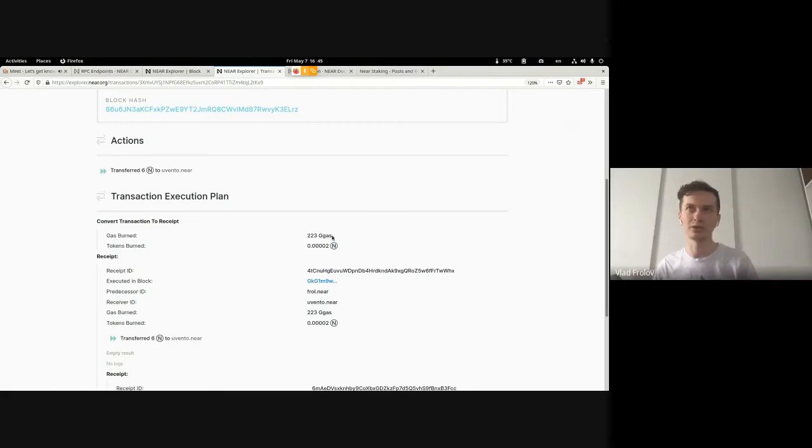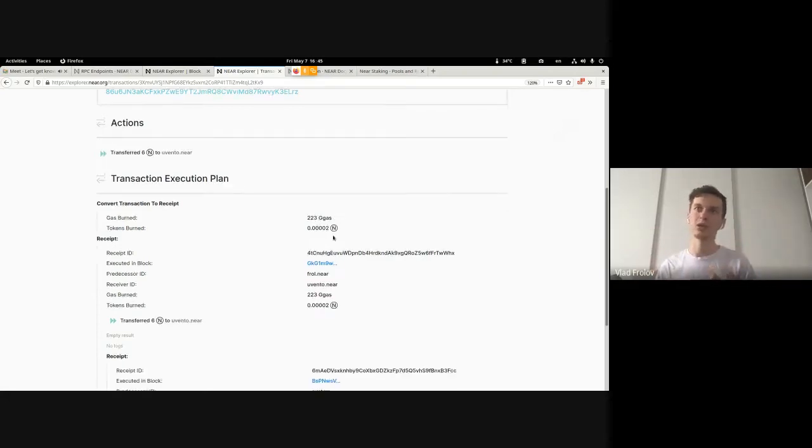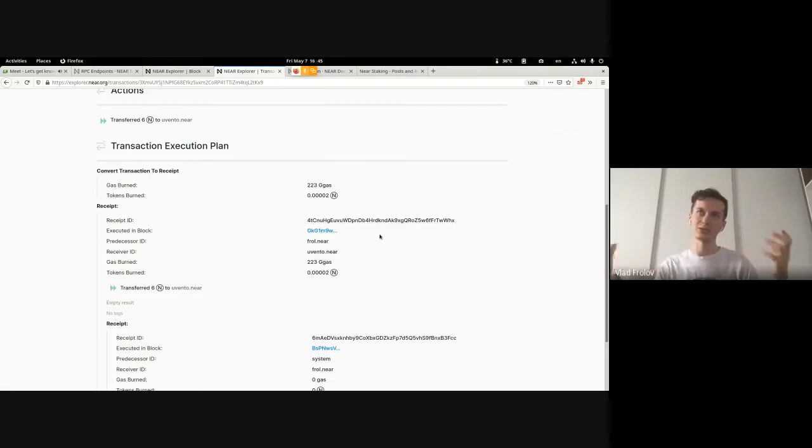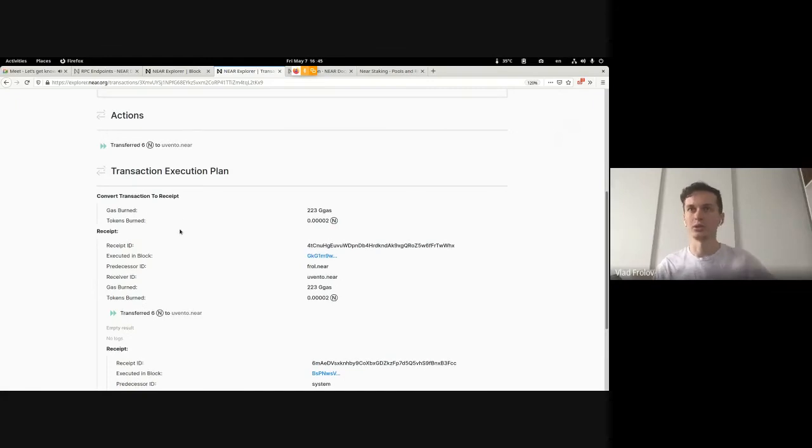Gas is the unit of measure of different resources like CPU time or storage, or other resources on the network. Network traffic is also counted: how much effort does it take to communicate this particular event to other validators?